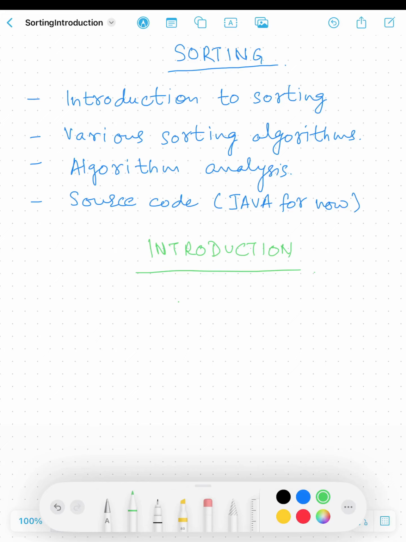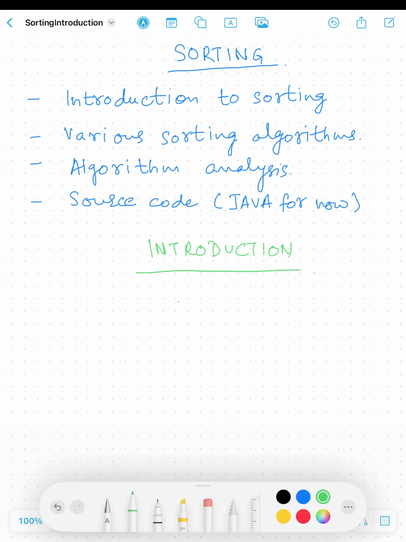We are going to do their analysis, and finally we will look at what their code looks like. To start with, we are going to do the sorting code in Java, and with time we are going to add more code in other languages, which could be C++ or C sharp. So let's start with the introduction to sorting.